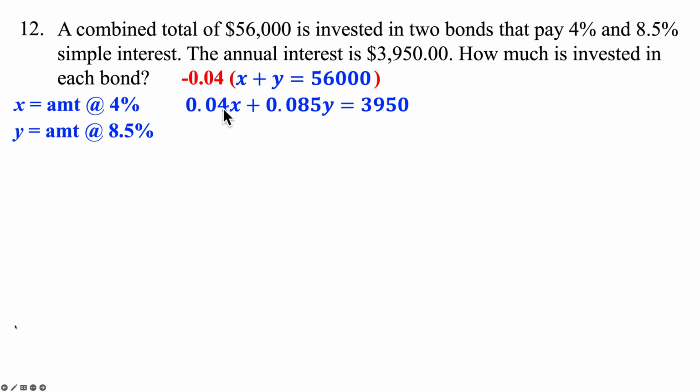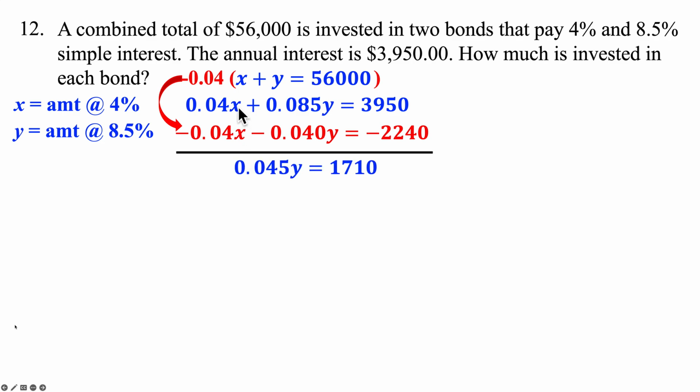0.04 is the smallest, so we're going to multiply the negative of that to all my terms. We get negative 0.04x minus 0.04 times the 0.085y, just because I want to line it up under the 5y. And 0.04 times 56,000 is 2240. It's just got to be negative. Add them up, and we get 0.045y.